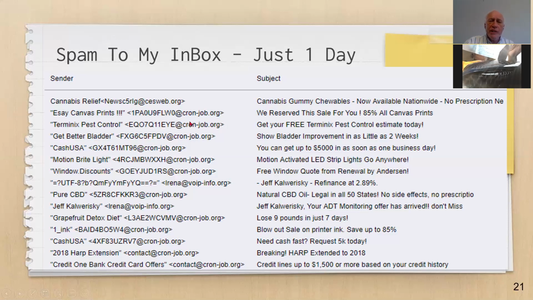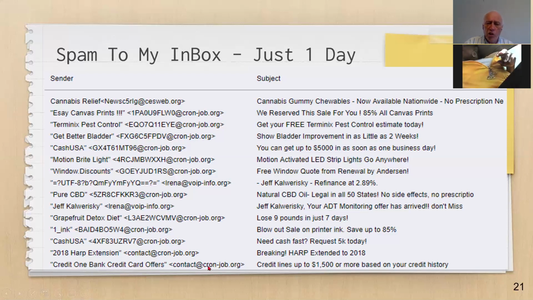Now, without going into details here, every address has an @ sign, as you know, like Jeff_Kalbrowski@earthlink.net or @gmail.com. So notice here, this came from a weird place called cronjob.org. I have no idea what cronjob.org is, but here they appear again and again.